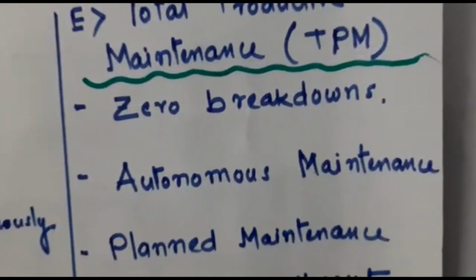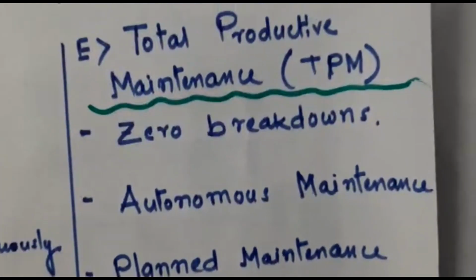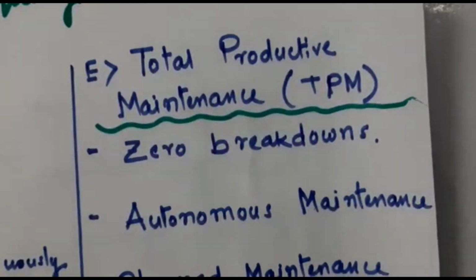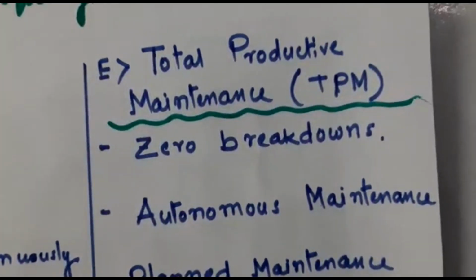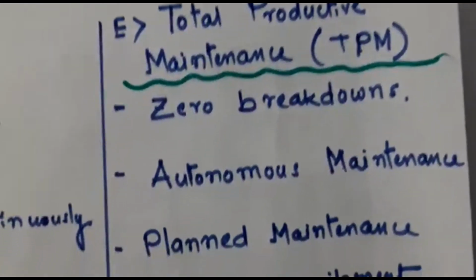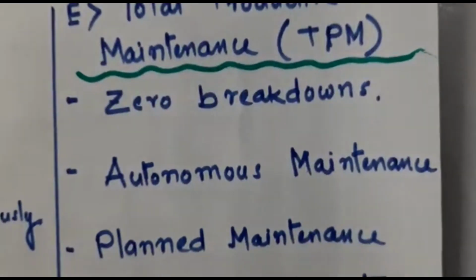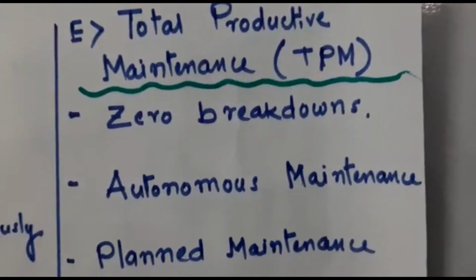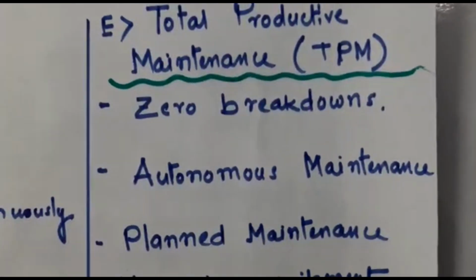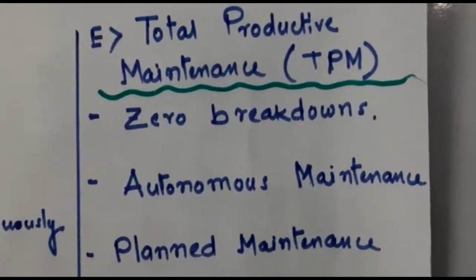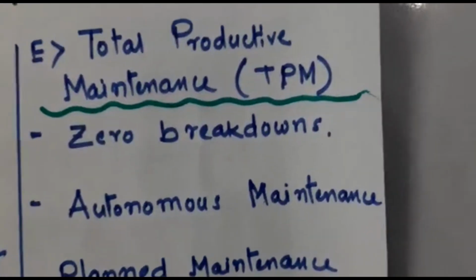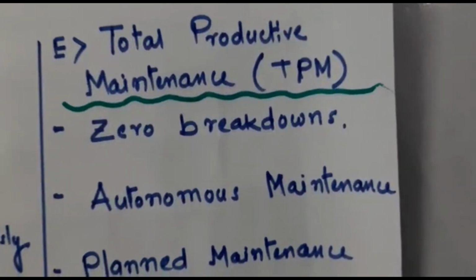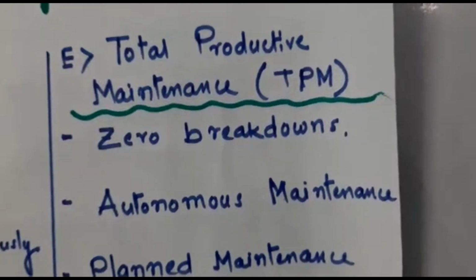generally what happens when the preventive maintenance is carried out, the operator does the production job while the maintenance people carry out the regular normal maintenance work. But in case of autonomous maintenance, or in case of TPM, the daily and the routine maintenance activities of the equipment is carried out by the workers or the operators themselves, and the maintenance group takes only essential maintenance work.